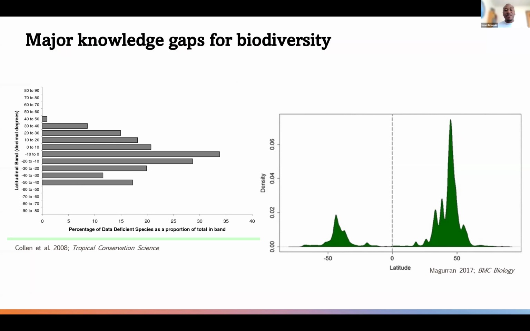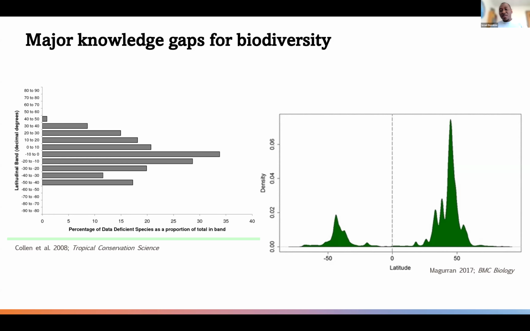The graph on the left shows the areas where there is data deficiency in what we know about biodiversity information. As you can see on the y-axis of that graph, a vast majority, or the greatest bars, are found in latitudes that are close to the equator.